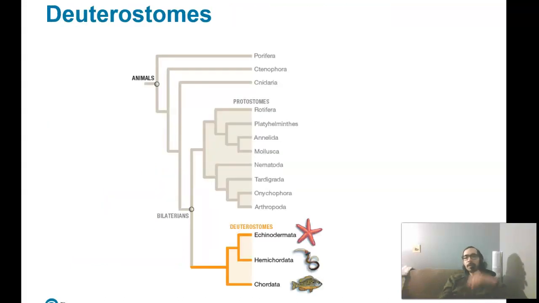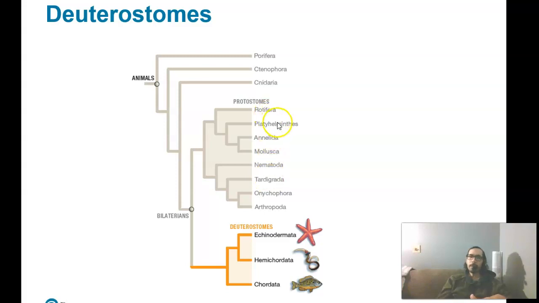But here you can see a phylogeny of deuterostomes, because this is based on phylogenetics and also molecular data. So in deuterostomes, you can see that it is not as diverse as protostomes. So every animal that we've looked at so far has been a protostome.